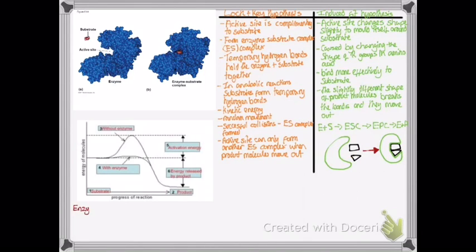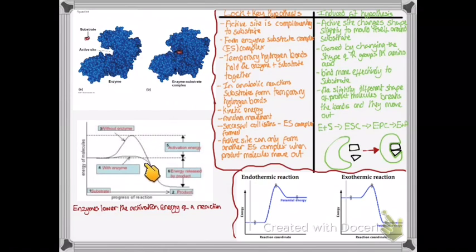Now let's have a look at how enzymes lower the activation energy of a reaction. We've got this graph, and I'll speak to you about it in a second. This top line is a reaction without an enzyme.